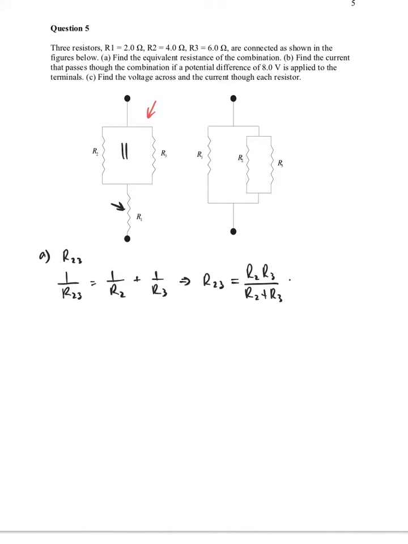If you put in the values, you've got 4 ohms for R2 and 6 ohms for R3, the equivalent resistance comes out to be 2.4 ohms.